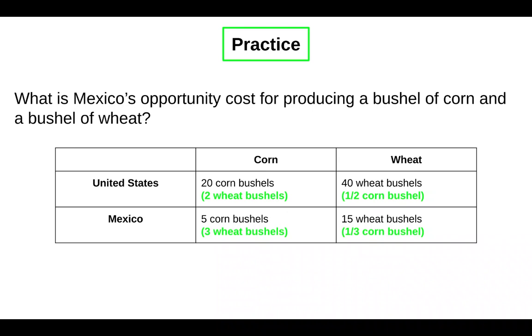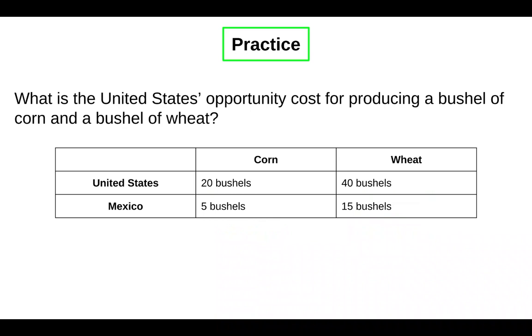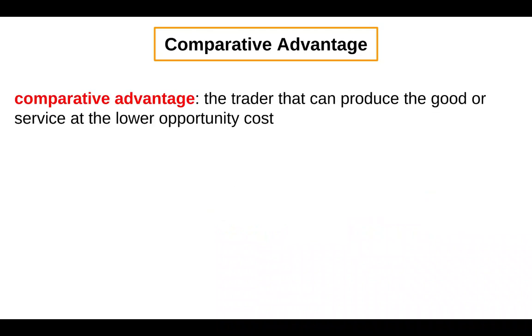All right, so now let's go ahead and look at who has the comparative advantage in corn and in wheat. So how do we figure this out? Well, remember, if we go back a couple slides, comparative advantage is who can do it at the lower opportunity cost.